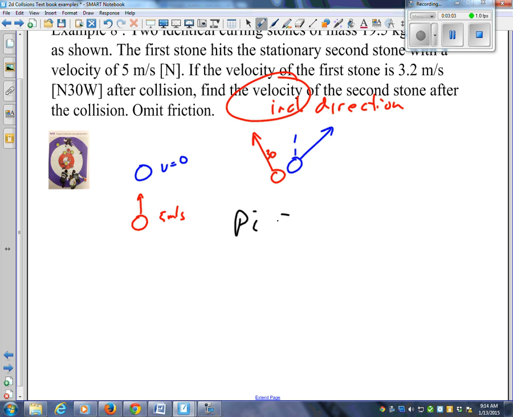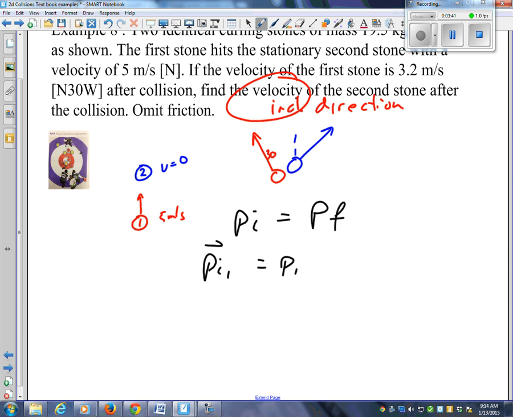Let's start by saying that the initial momentum must equal the final momentum, but it must be two-dimensional. Now, here's where the subscripts get ridiculous. I'm going to call these 1 and 2. I'm going to label this one rock 1 and this one rock 2. Okay, so I'm going to write P1I, and I'm going to put a vector above it.